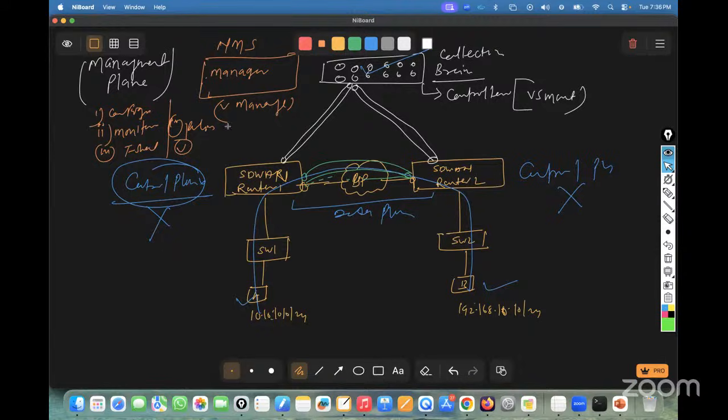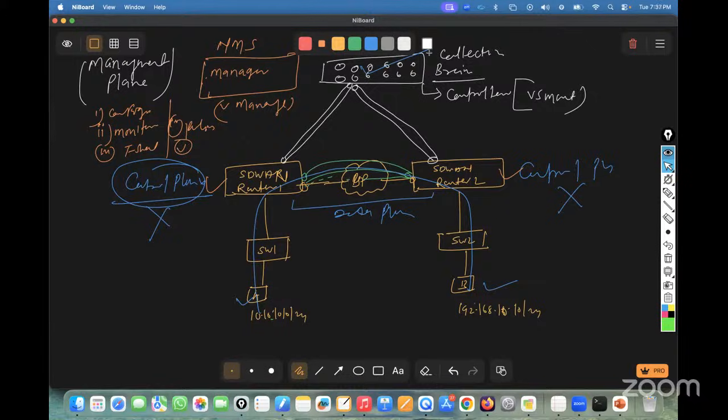So there is a third plane, meaning you want to do the configuration, monitoring, or troubleshooting. Again, this device is a third device, going to sit somewhere in a remote location, not on the router, not on the branch. One device, or two or three devices in a cluster, are going to manage different regions of the communications. That is a manager. I'll discuss more about it.